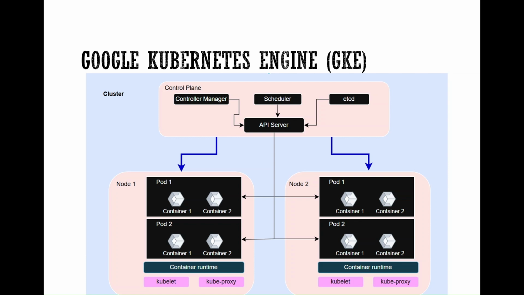To understand the flow and the working of this control plane, we have to understand the API server. The API server is I would say a gateway for all three components, controller manager, scheduler, and etcd, to communicate with the nodes.